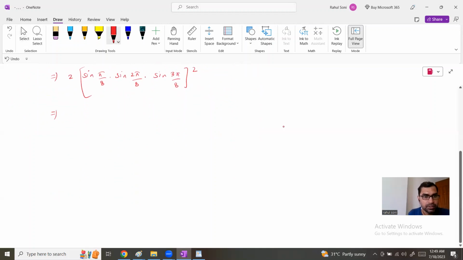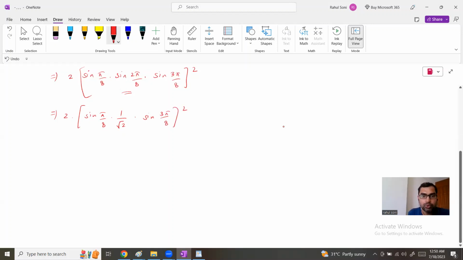Now let's try to simplify this. 2 times sine 2 pi by 8, the middle term, this is sine pi by 4. So this is sine pi by 8, this is sine pi by 4. Sine pi by 4 is 1 upon root 2. So this becomes 1 upon root 2 into sine 3 pi by 8 whole square.